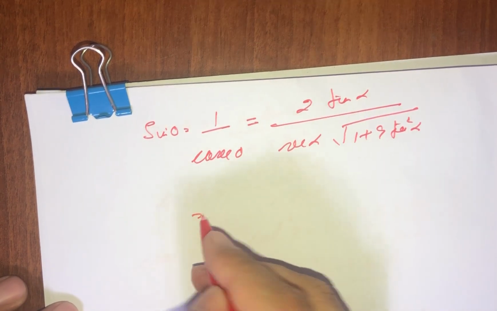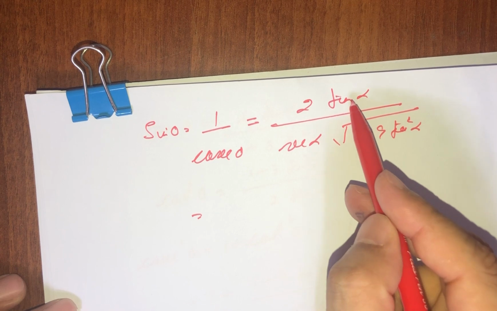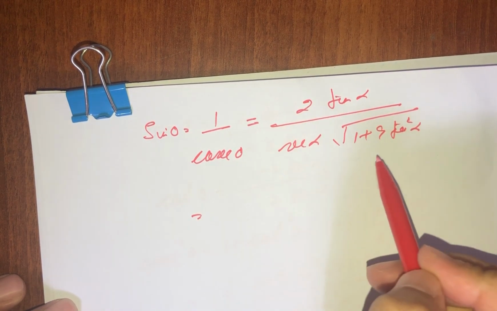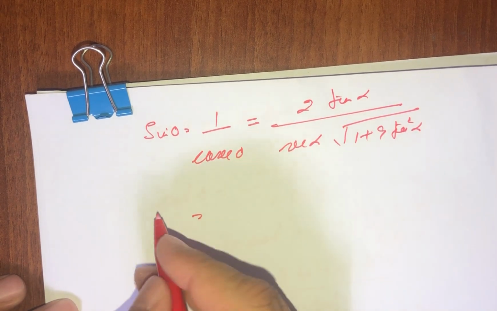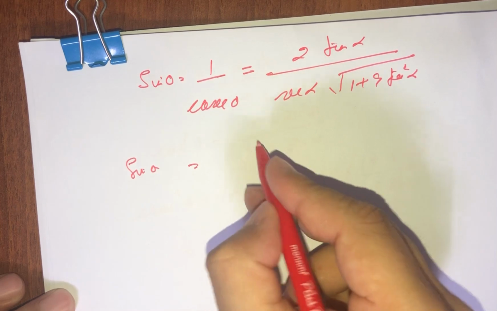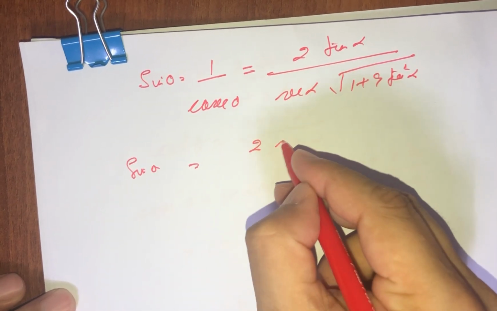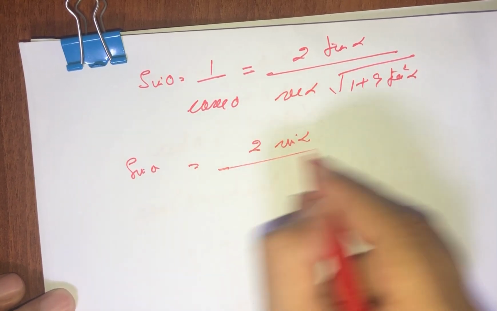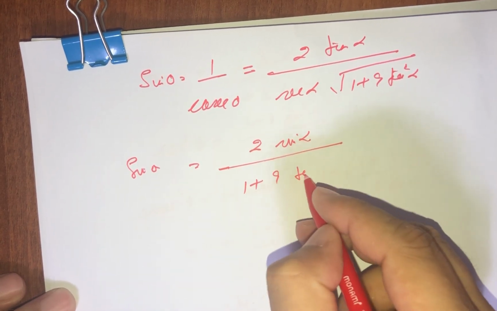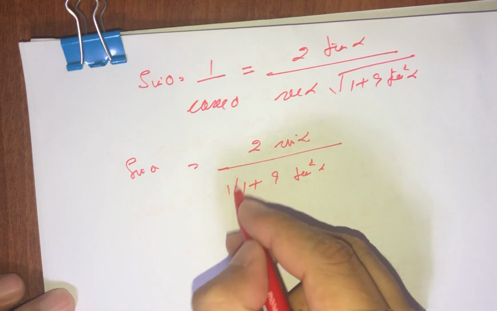Now we can write tangent alpha as sine alpha upon cos alpha, secant alpha is 1 upon cos alpha, so ultimately this will be solved as sine theta is equal to 2 sine alpha divided by 1 plus 9 tangent square alpha and its square root.